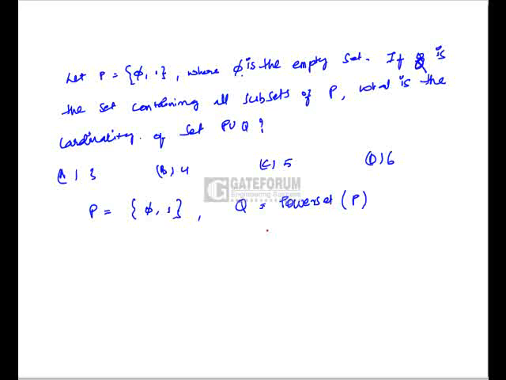So here Q will contain elements phi, that is the empty set, the set which contains element phi of set P, the set containing the element 1 of P, and set P itself.